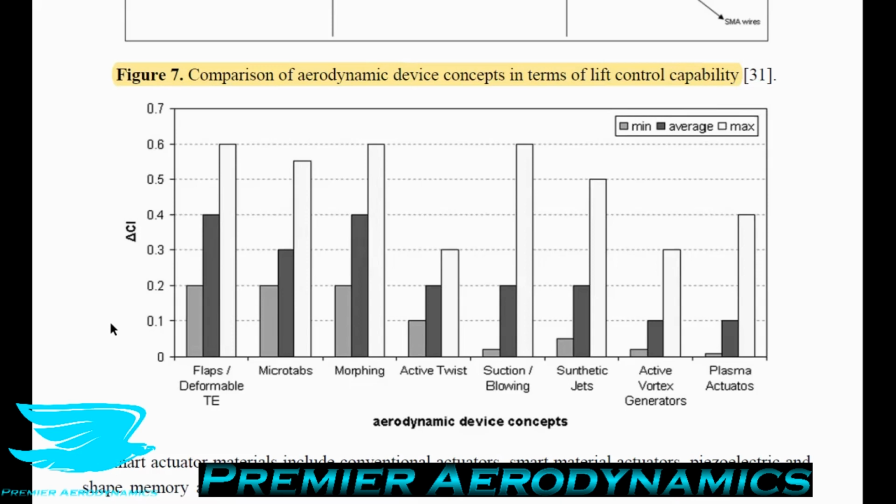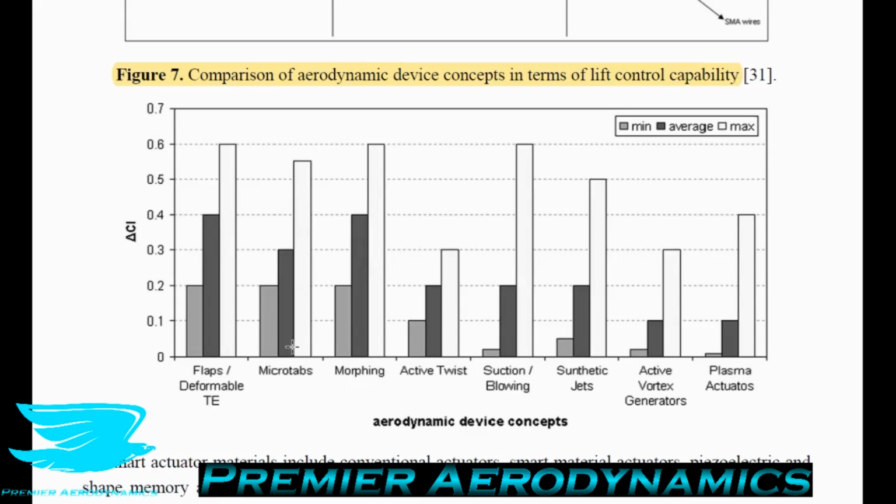The adverse pressure gradient acts to reduce the boundary layer velocity, which then results in stall. So by implementing plasma actuators, you give the boundary layer a boost of energy, a boost of velocity, which means it can go further down the chord without stalling. So that's plasma actuators in a nutshell, and that's a quick crash course for you.